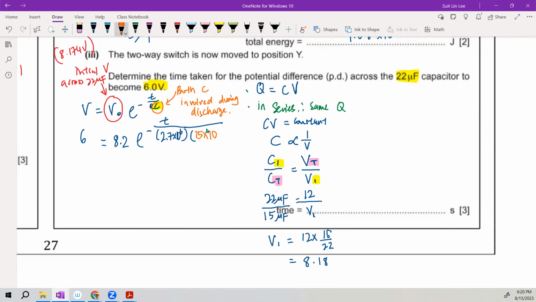So 15 times 10 power negative 6. Well, the negative 6 and the 6 can go away. So I guess 6 over 8.2, if I want to, I can bring the ln over also, is equal to negative T over 2.7, 15. 6 over 8.2.